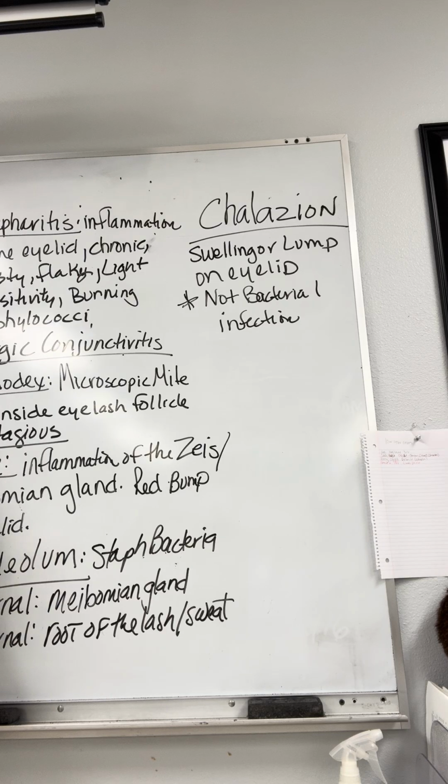So if there is a buildup of material within these glands, they get blocked. And then that causes a granuloma, which if you remember when we talked about nail diseases and disorders, there's a granuloma that you can get that forms a lump under your nail, right?